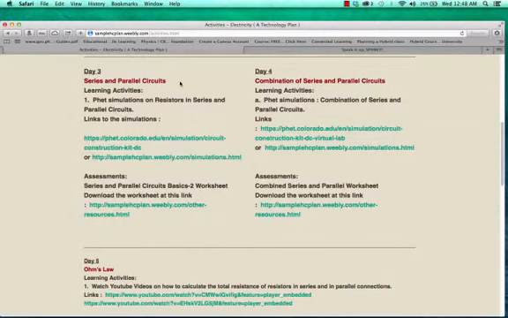Day 4, the second day of the out-of-class activity, the main topic is the combination of series and parallel circuits. Students are going to open another simulation, and this time it is about the combination of series and parallel circuits. Combined series and parallel worksheet will be used as the assessment.